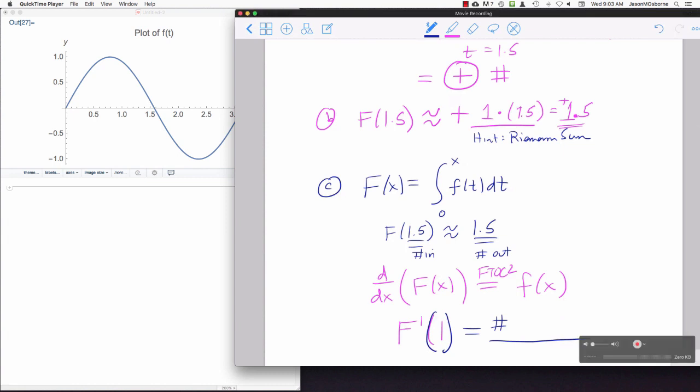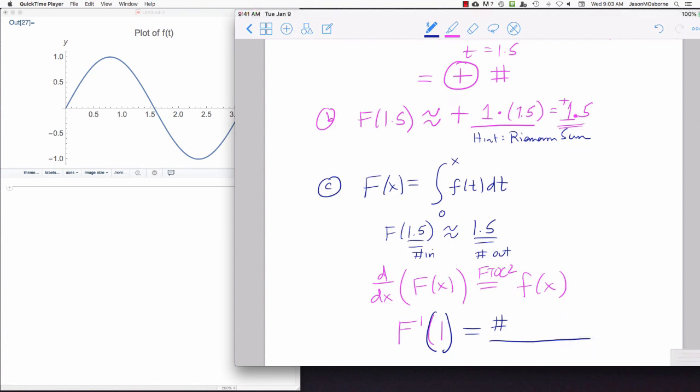Alright, if you've had a moment to think about that, after you've paused the video, we'll go ahead and fill in the number. Well, F prime evaluated at 1 means the derivative with respect to x of capital F of x, and then evaluated at 1.